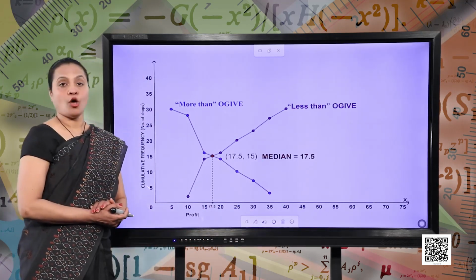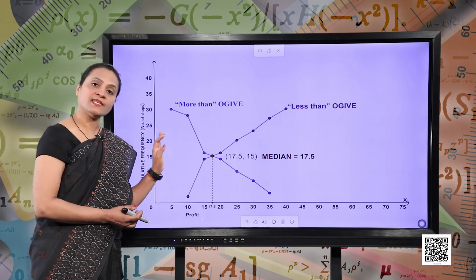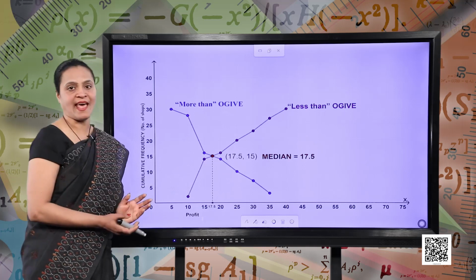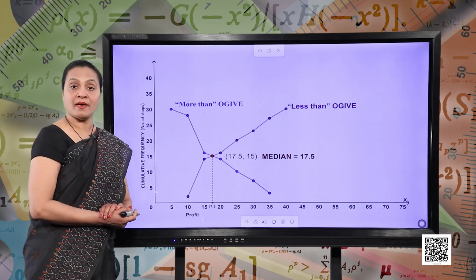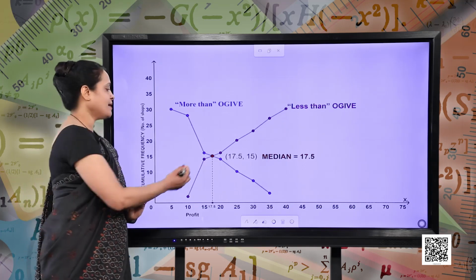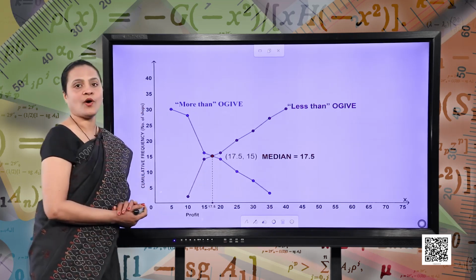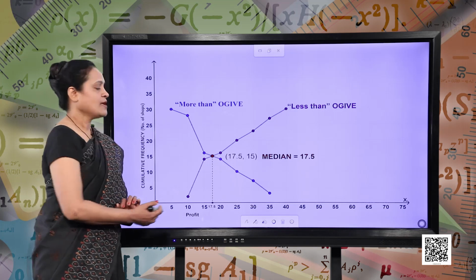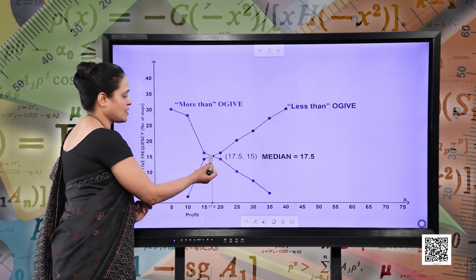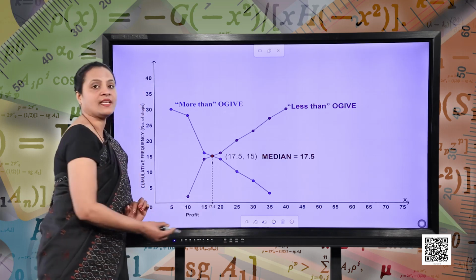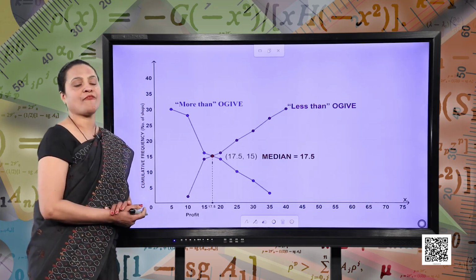If we plot both the ogives on the same graph paper, then the point of intersection can be obtained. And remember, we have the median as the x coordinate of this point of intersection. So, here in this question, this point of intersection has x coordinate 17.5.